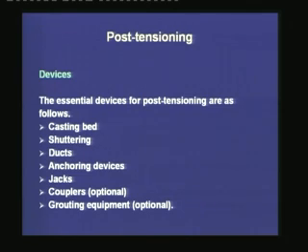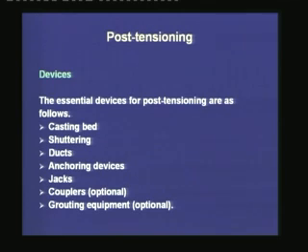Now, in the post-tensioning, we do not need a sophisticated stress bench or a pre-stressing bed. We just need a simple casting bed and the shuttering can be placed on the casting bed itself, but we need some additional ducts because we have to place the tendon after the hardening of the concrete. We also need anchorage devices which are more complicated than what we have seen for the pre-tensioned case.